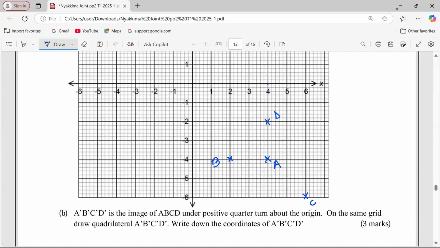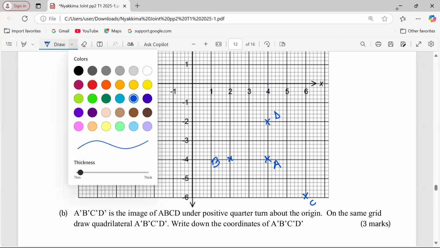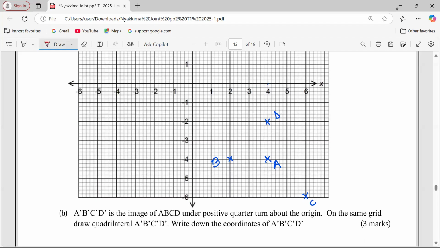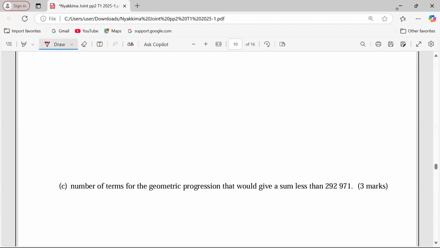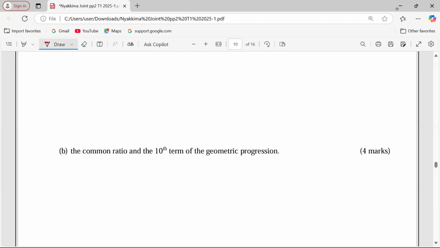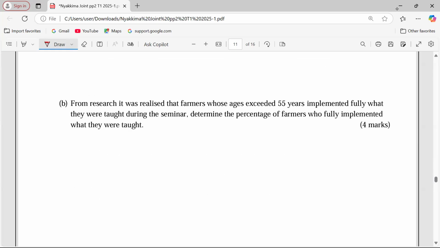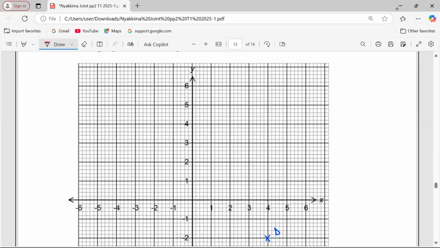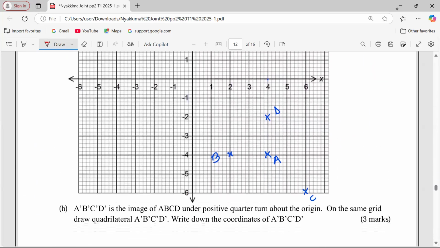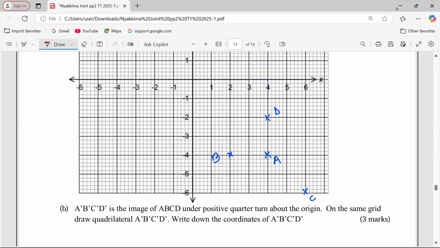Now we have to connect all the vertices for us to get the quadrilateral. A good reminder is that you join the vertices as they have been named, so you don't connect them just anyhow. A is connected to B, then B to C, then C to D. You don't just connect whatever is close to one another.